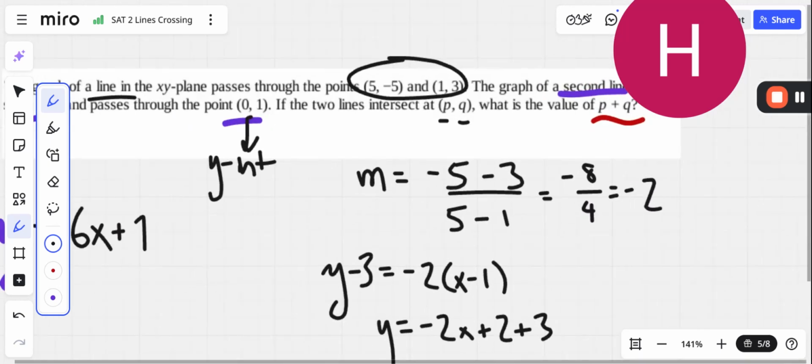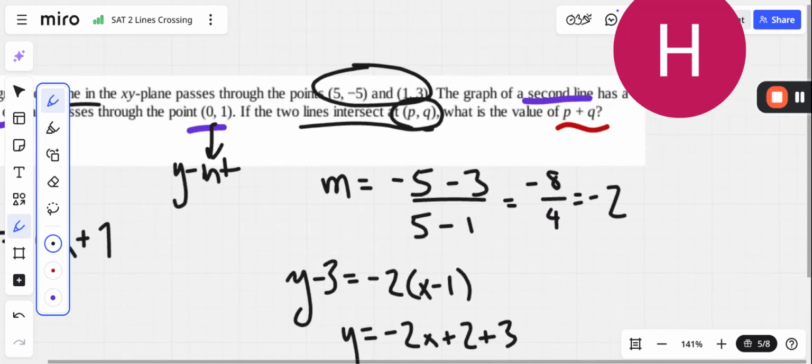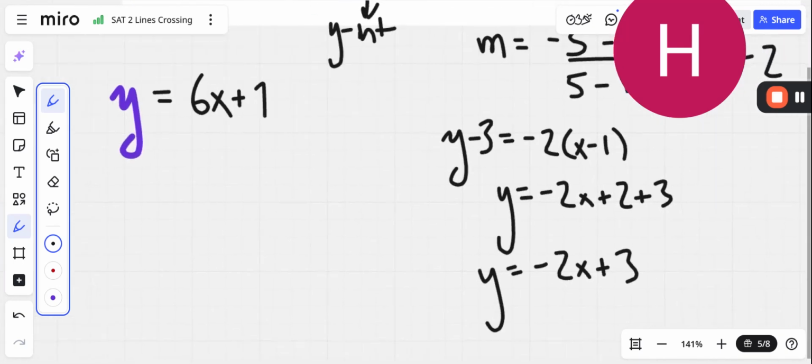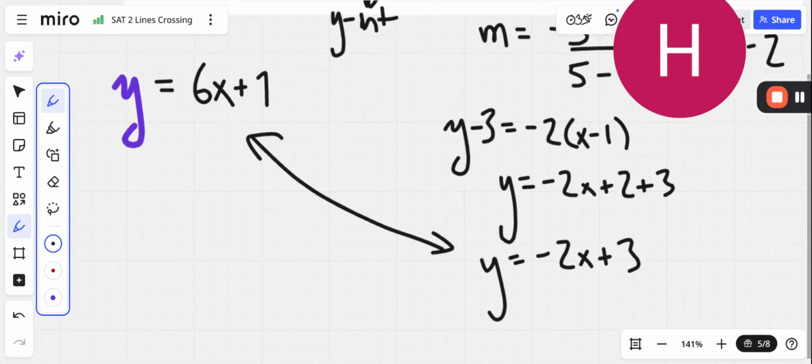Let's continue reading. If the two lines intersect at P and Q, what is the value of P plus Q? So we want to find where these two things intersect. And with lines, they intersect whenever the slopes are not the same. Otherwise, they are parallel lines and they might not necessarily intersect. But if the slopes are not the same, they definitely will cross at some point.